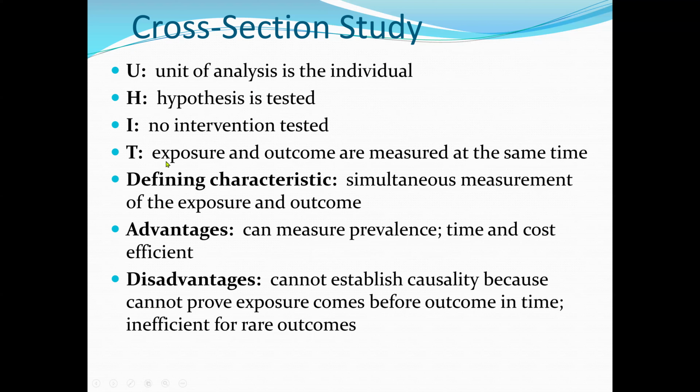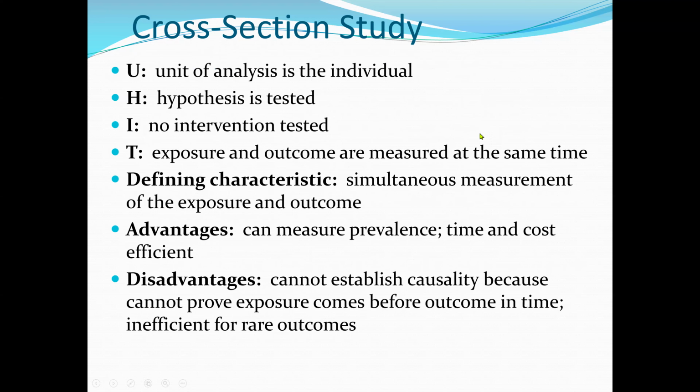So the exposure and outcome are measured at the same time. In this case, we cannot be 100% certain that the exposure causes the outcome because there's no interval of time. It's a point in time.